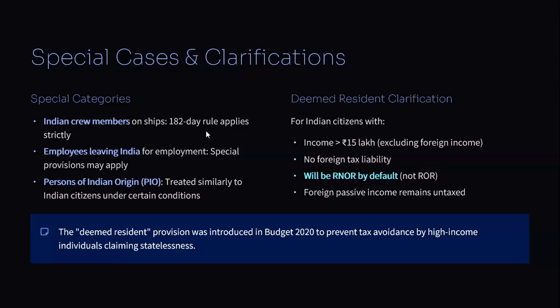Whereas if my income is more than 15 lakhs, excluding foreign income, and there is no foreign tax liability, whereas my status is ordinary resident, then also I'm called a deemed resident. So for these two cases, that is employment outside and the 182-day rule, I will be considered an Indian person and taxed in India.